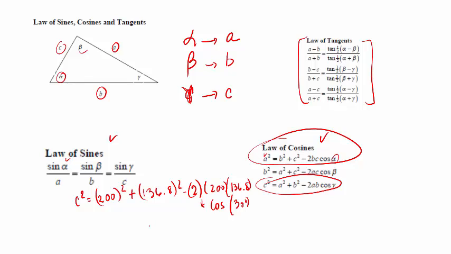Okay, so then C equals 106.42, so our check is okay.